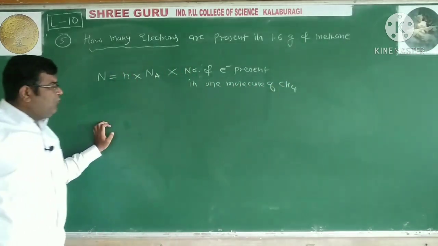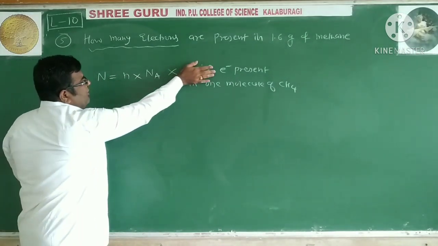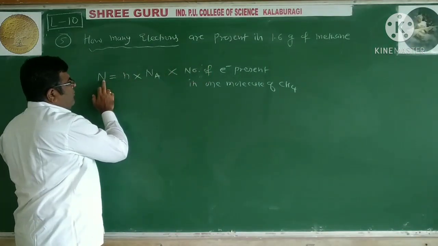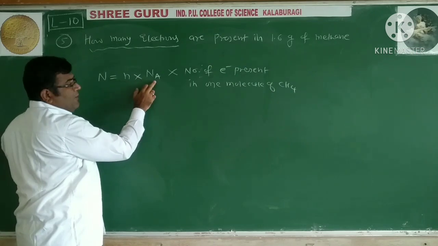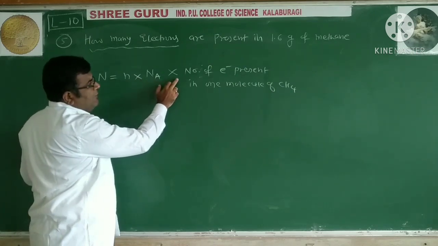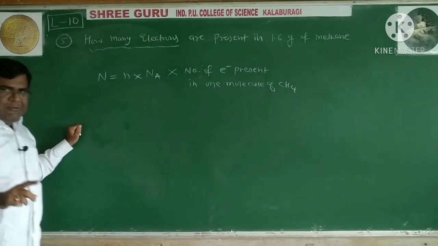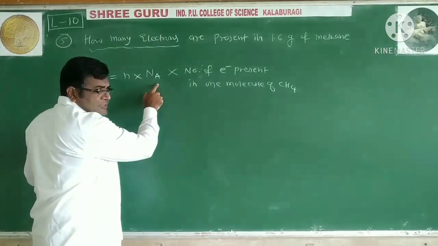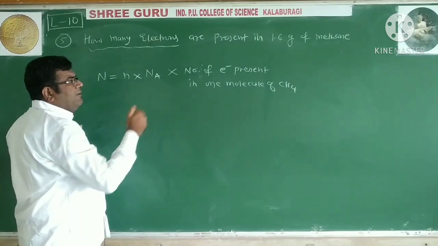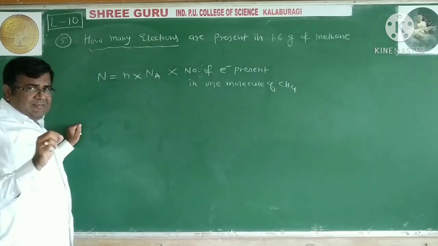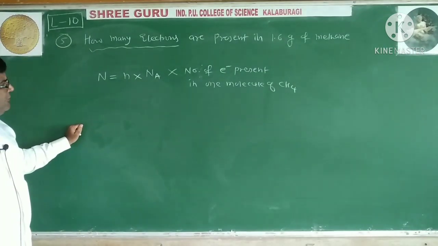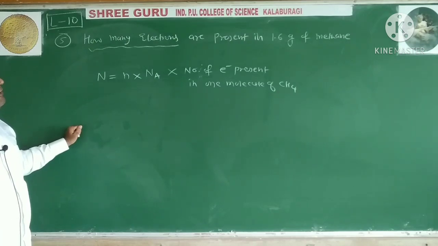Try to understand this formula. This part we already know: number of molecules is equal to number of moles into Avogadro number. We have multiplied with this number of electrons present in one molecule of methane, because these are the number of molecules, and if we multiply with the number of electrons present in one molecule, we will get the number of electrons present in it.